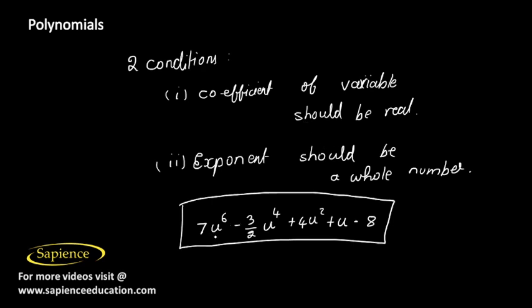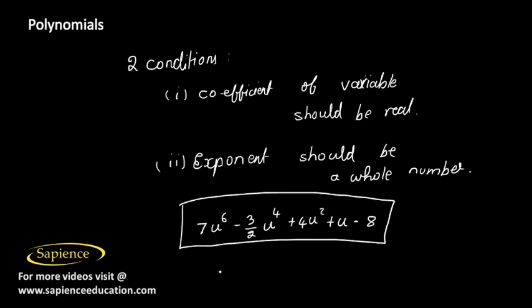So here the variable is u, and coefficient of u power 6 will be 7, a real number, minus 3 by 2, another real number, plus 4, a real number, plus 1, a real number. And exponent should be a whole number. Let us look at the exponents, that is powers of the variable. U power 6 is a whole number, u power 4 a whole number again, u power 2 a whole number, u power 1 another whole number. So this satisfies the condition.